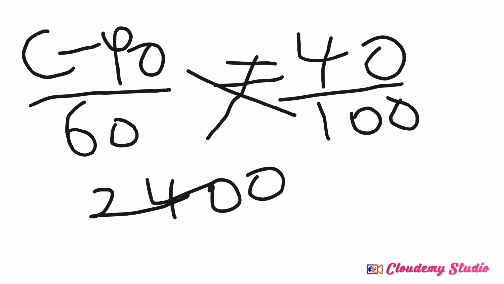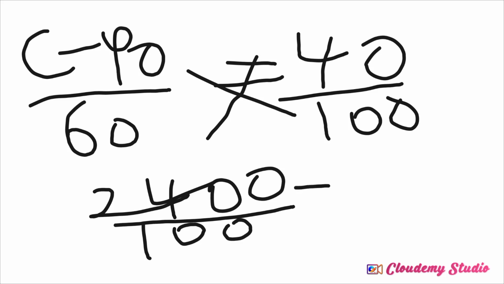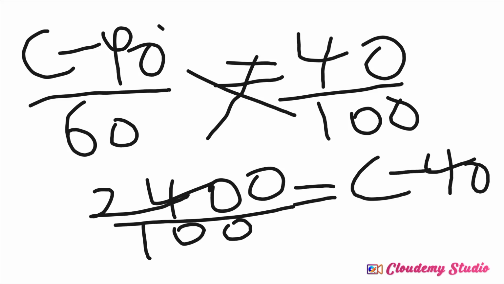When you cross multiply, you're going to have 2400 over 100 is equal to C minus 40. I just put this one in brackets. So when this one is multiplied with this one, getting 2400, then divided by this one, then equate it to this one, that's 24.